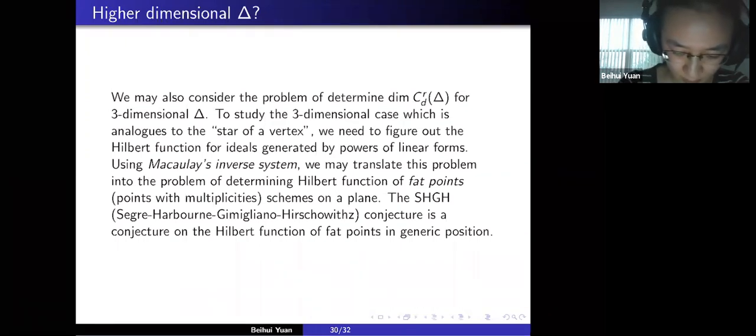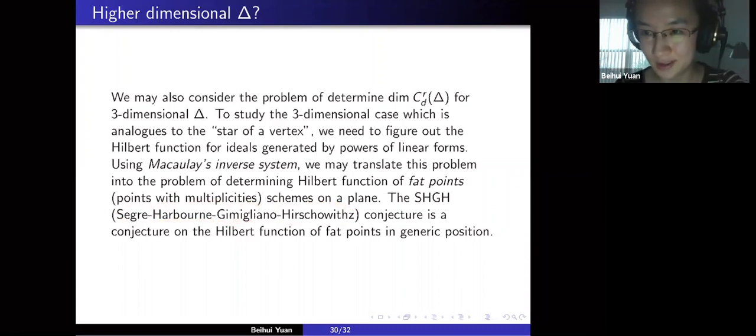Using Macaulay's inverse system, we can translate this problem into the problem of determining the Hilbert function of fat points. And fat points are just points with multiplicities. So fat point schemes on a plane, and a famous conjecture on that side by these 4 people, is still unsolved.